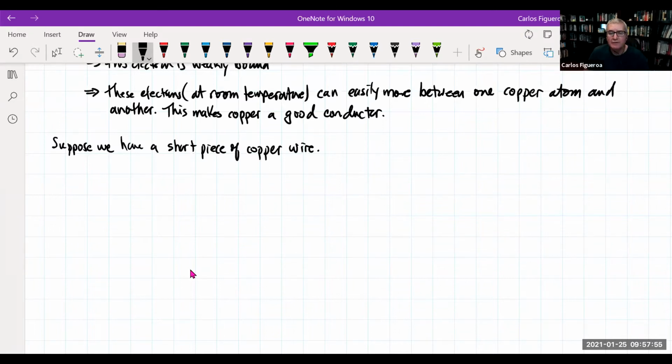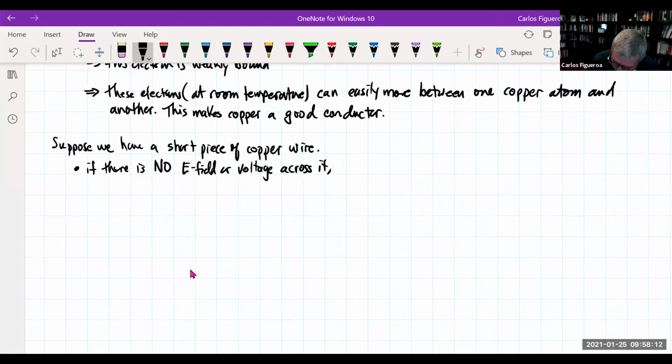If there is no E field or voltage across it, then the electrons drift, right?